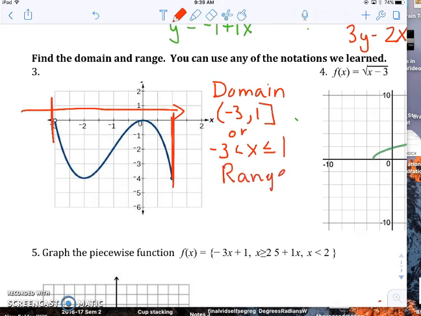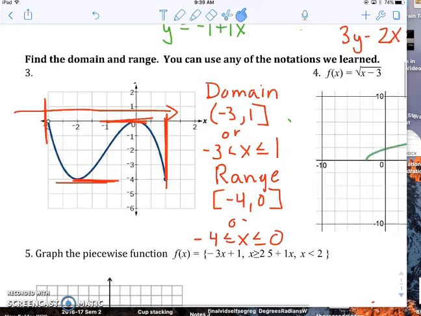And then the range, the high to low, so here's our low and here's our high. So negative 4 and 0. Or negative 4 is less than or equal to y is less than or equal to 0. And even though there's an open circle at negative 3, it contains 0 at 0, 0.